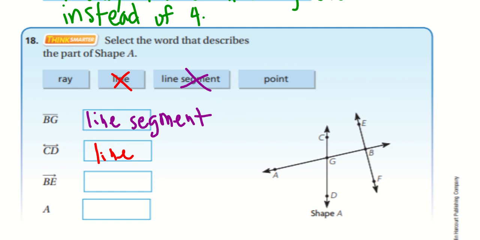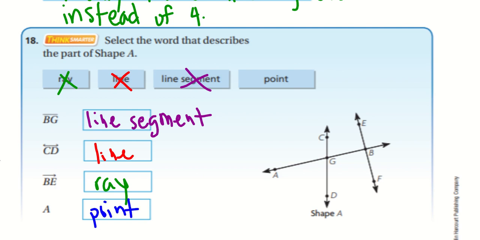We call those a ray. Okay, and the next one is just one single letter, okay, which means it's talking about a point. Okay, just point A, if it's only a single letter with nothing above it, that would be considered a point.